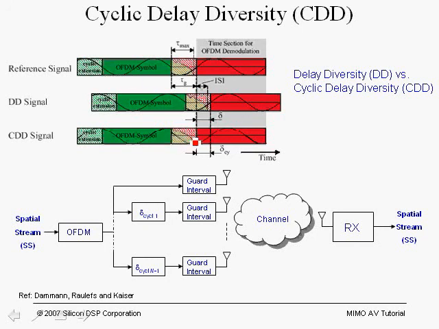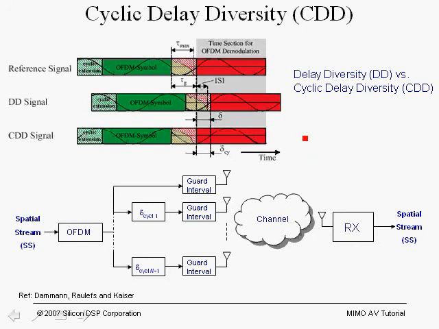Now here we're also showing the fact that at the receiver, the cyclic prefix has intersymbol interference from the previous symbol, but what we need to be concerned with is the fact that due to the cyclic nature of the inverse FFT, a cyclic delay is equivalent to a delay in the frequency domain, so that at the receiver, adding a cyclic delay is equivalent to a fixed delay in the frequency response.